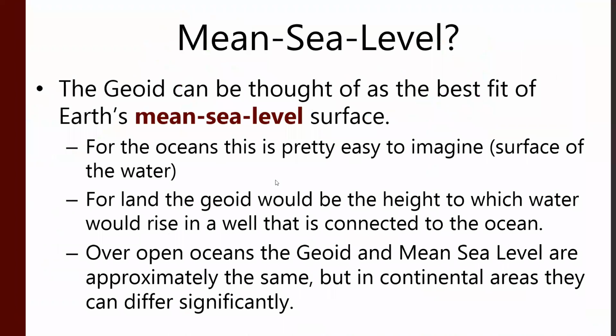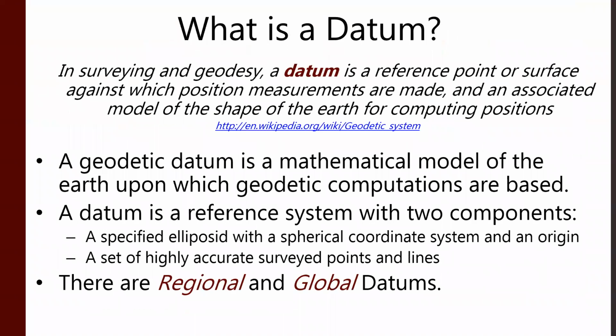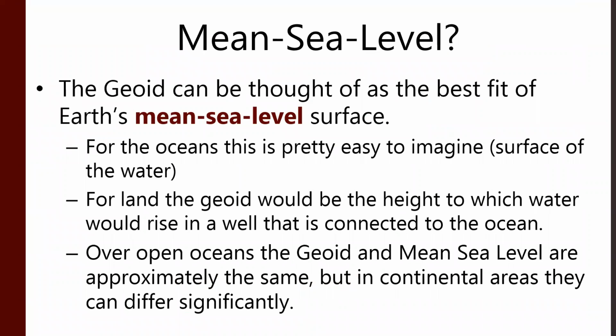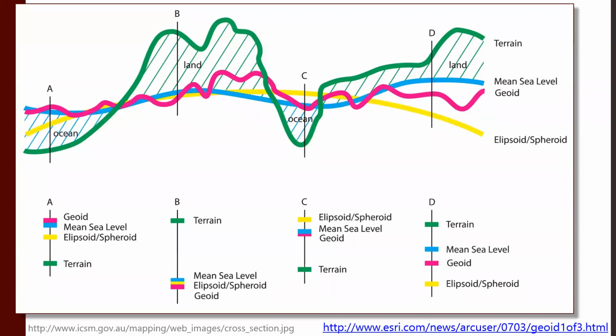All of these surfaces provide us an understanding of how the planet operates. All of these surfaces give us an idea of what the function of the planet is. And while terrain or topography is detached from the geoid, mean sea level is much more closely related.